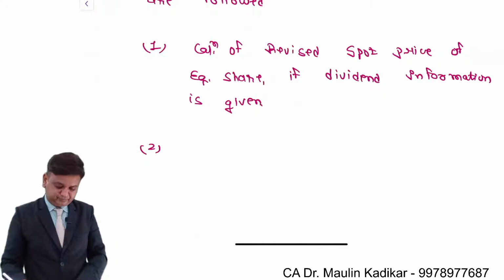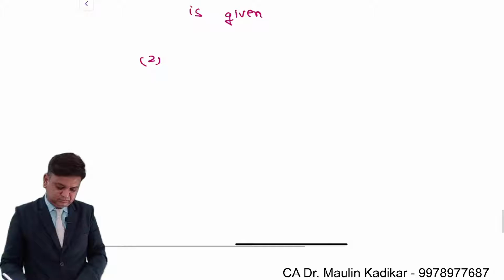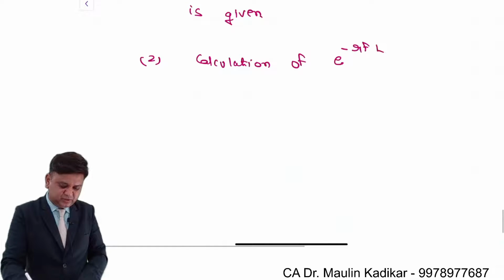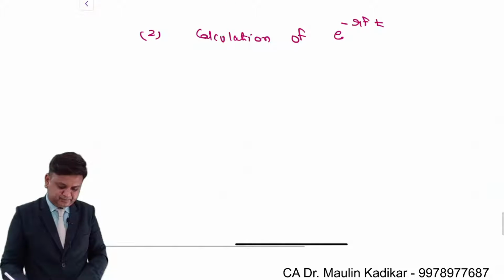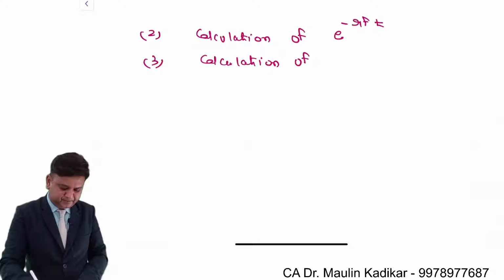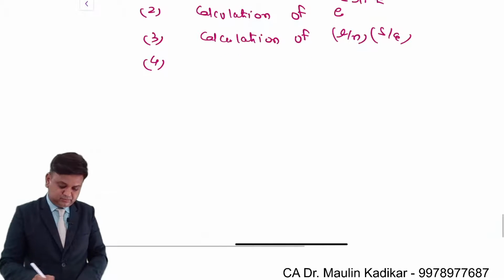Second, calculation of e raised to negative rf into t. Third, calculation of ln S divided by E. Fourth, d1.